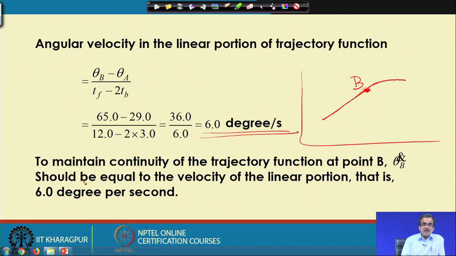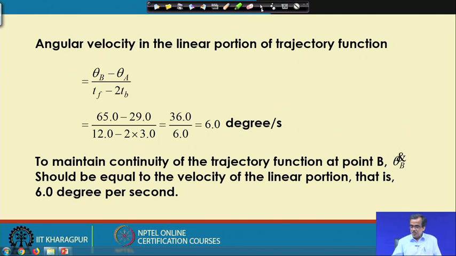So here I have written that to maintain the continuity, the trajectory function at the point B, theta b dot, should be equal to the velocity of the linear portion, that is 6.0 degrees per second. This is the way we can fit the trajectory depending on the requirement.